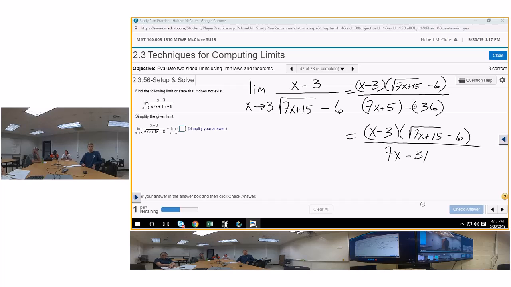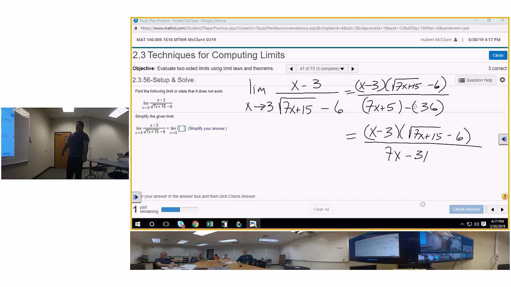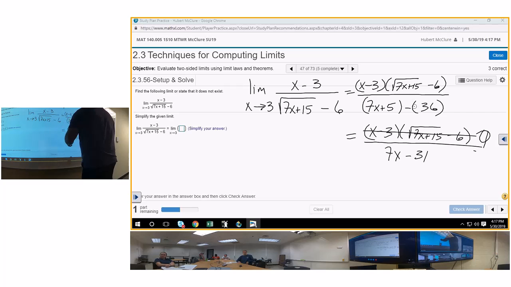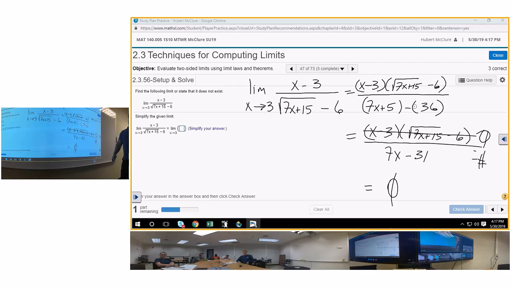It should be negative 31. Now plug in 3. Well, 3 minus 3 is 0. I'll do the top for you. 0. And then what's 3 times 21 divided by, it doesn't matter. What's 0 divided by a negative number? 0, Hubert. Thank you, class.